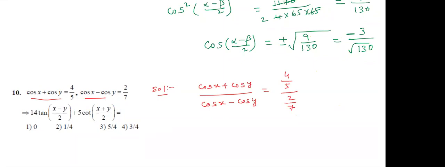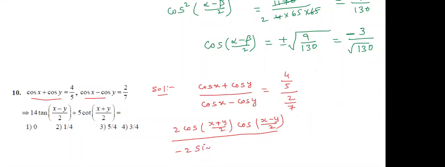Cos C plus cos D formula. 2 cos C plus D by 2 cos C minus D by 2. But denominator, observe that. Cos C minus cos D, that is minus 2 sine C plus D by 2 sine C minus D by 2. In right hand side, see the calculation.